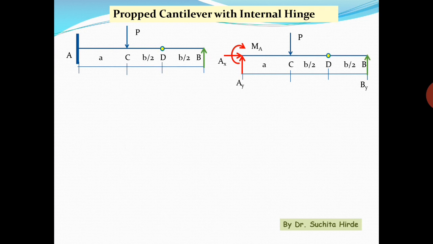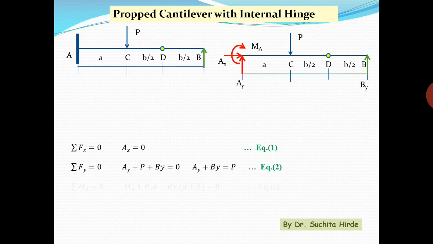So we will apply the first equilibrium condition. It is similar to the earlier problem. That is summation Fx equal to 0. We will get Ax equal to 0. Summation Fy equal to 0. We will get Ay plus By is equal to P. And summation MA equal to 0. We will get this equation. So in these equations, what are the unknowns?